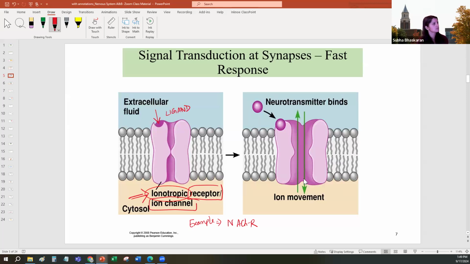A ligand, correct? So ionotropic can also be called a ligand-gated ion channel. Got it? Okay. And again, what are we looking at? Graded potential. Yes or no?